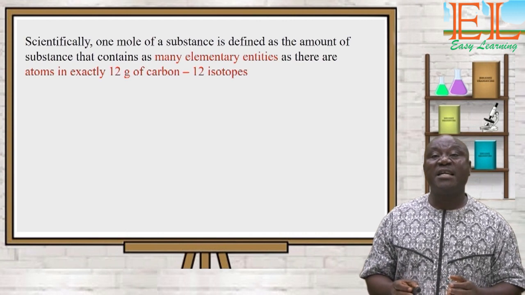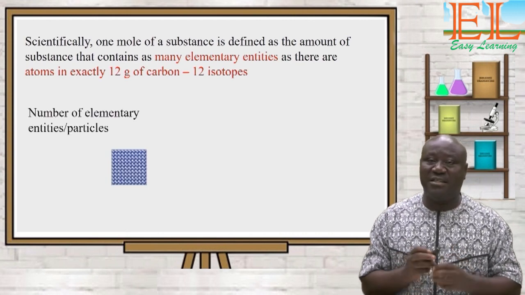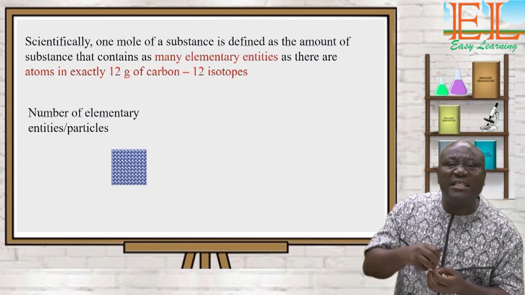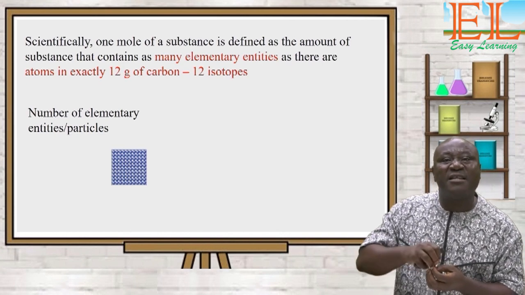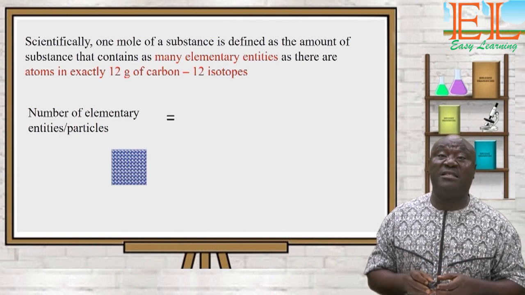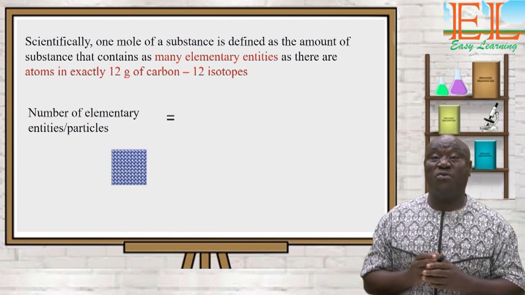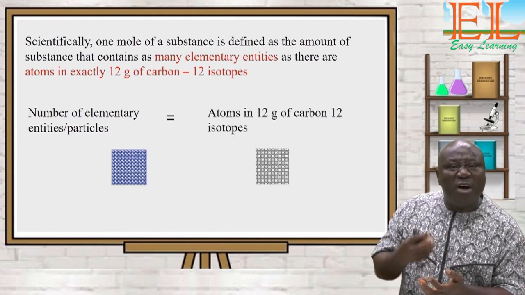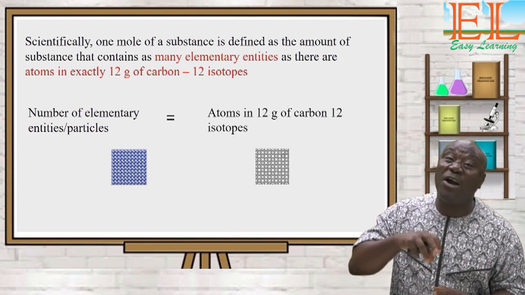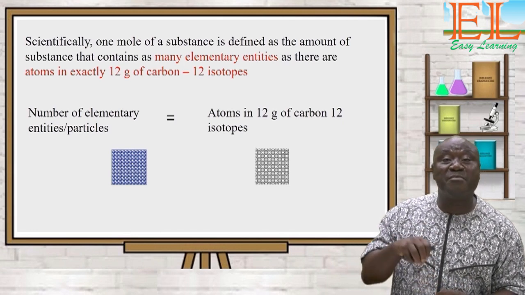Now, if you take 1 mole of a substance and you count the number of elementary entities, that is the number of particles present in it, the figure that you will arrive at is equal to weighing 12 grams of carbon-12 isotope and counting the number of particles present.